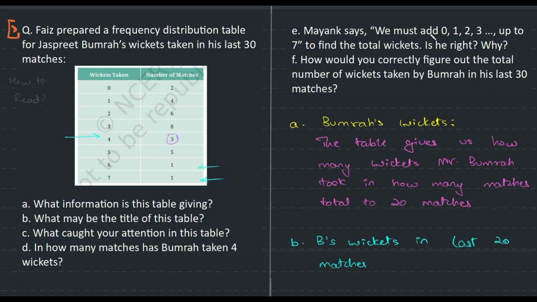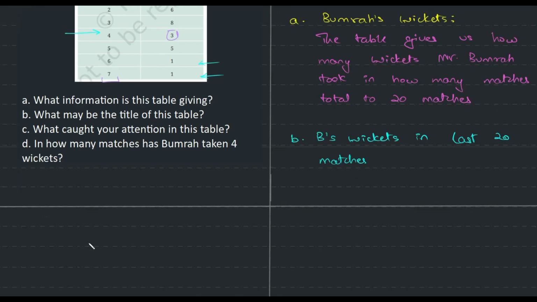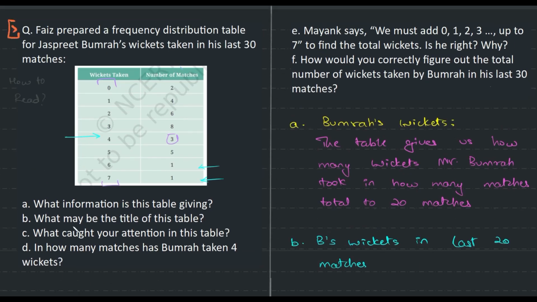Mayank says we must add 0, 1, 2, 3, 4 up to 7 to find the total wickets. He's asking us to add these numbers up. Answer is yes or no? Answer is no. We must add the number of matches.